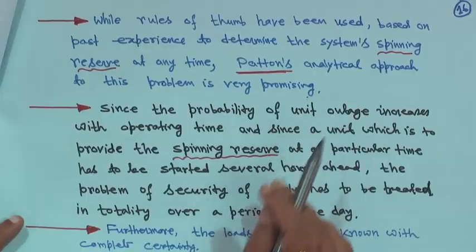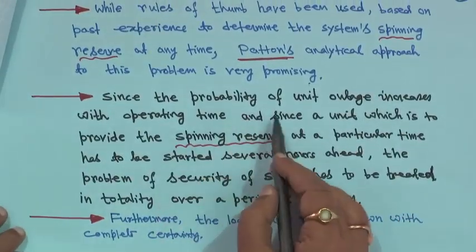Their knowledge is really very good, because over the years they have been handling it, and they know what kind of action can be taken at what time very well, right. Patton's analytical approach to this problem is very promising, we will see a little bit of it.